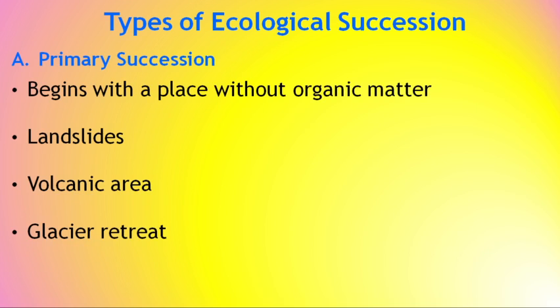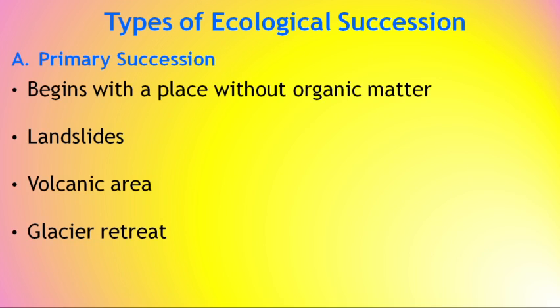So the bare area will have no organic matter because the entire biological community has been moved out. When such is the case, we say that now primary succession has started in this place. So the first and foremost condition for primary succession is that it begins at a place without organic matter of the previous community.